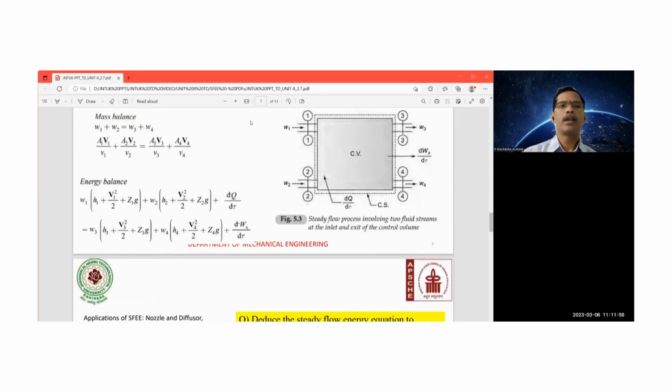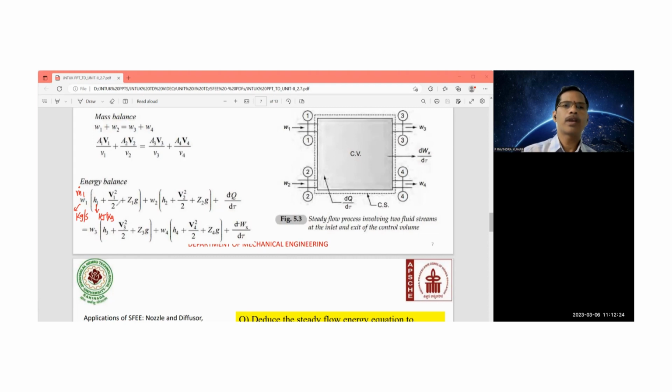At the inlet section, m1 dot into h1, because this is always in kg per second or kg per hour, and this is in kilojoule per kg or joule per kg.